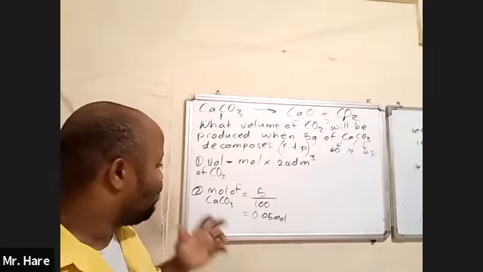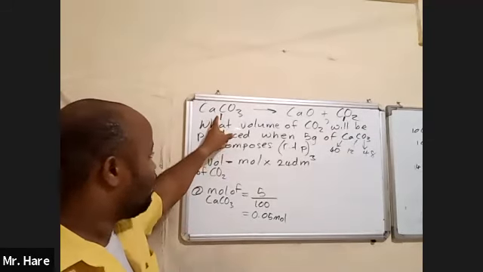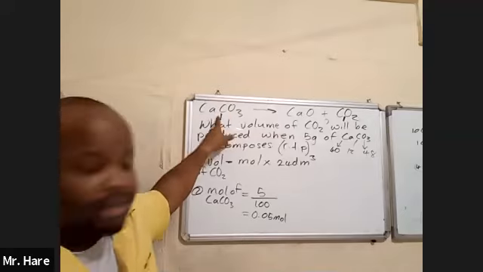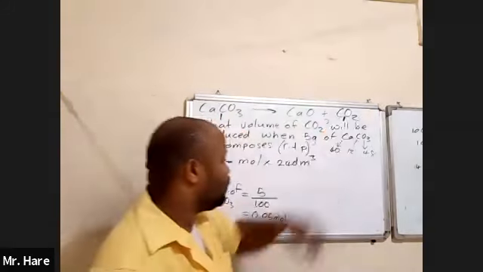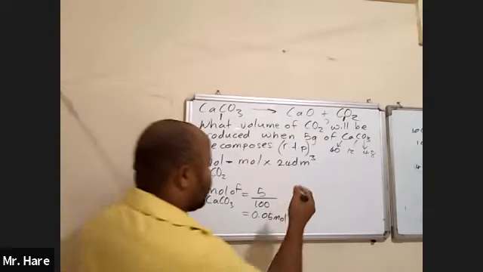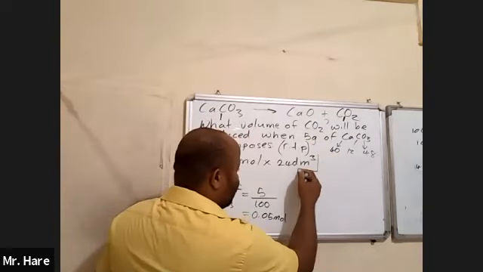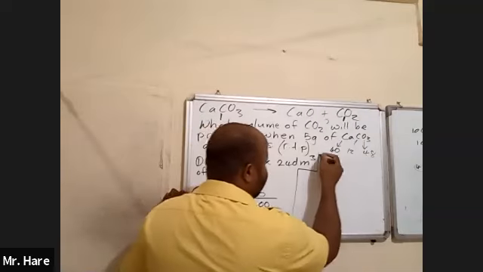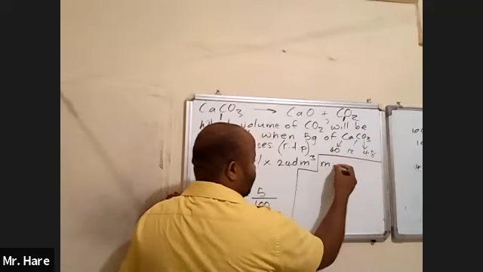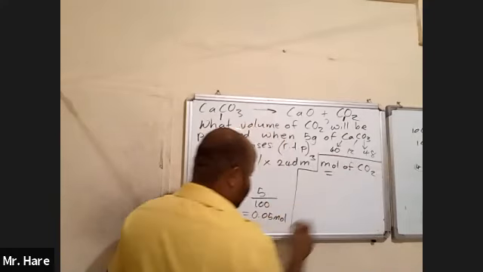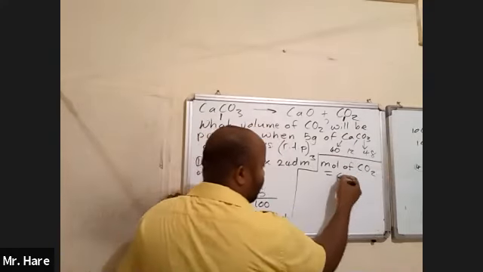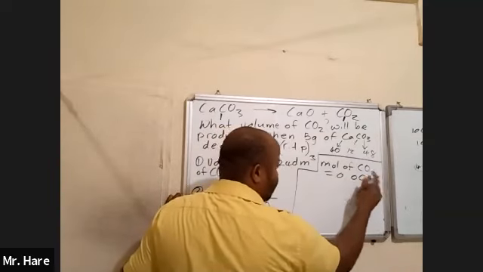Because it's a 1-to-1 mole ratio, the same mole of calcium carbonate that decomposes will give you the same mole of CO2. So the next part now, what is the mole of CO2? The mole of CO2 is equal to 0.05.